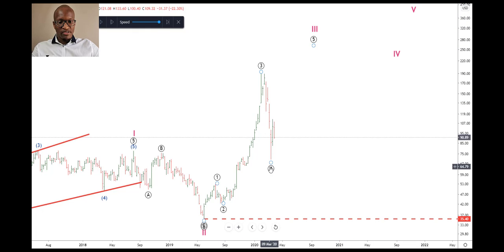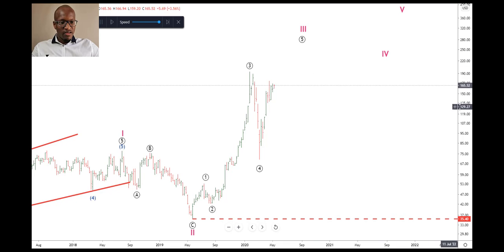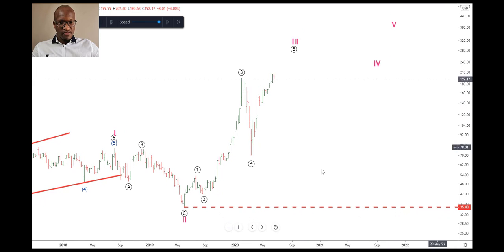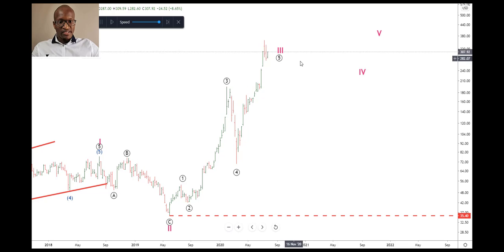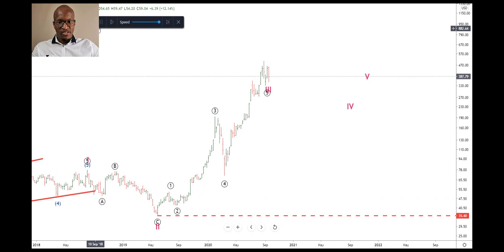And this is the coronavirus crash. And then post or during the lockdown, we saw that massive price acceleration. So I have to adjust here.